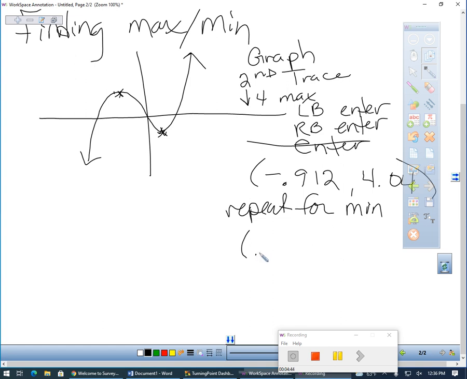So I got the point 0.9128 and negative 2.04. All right. So that's our maxes and mins.